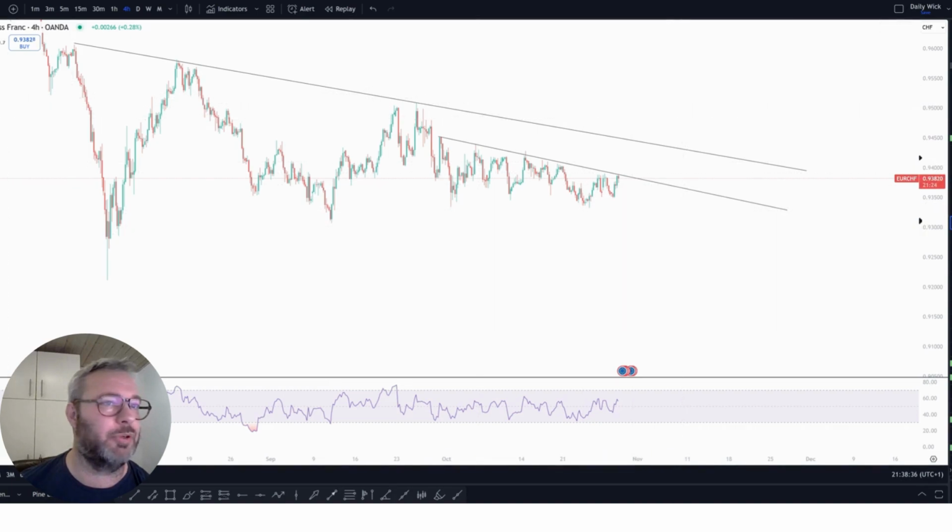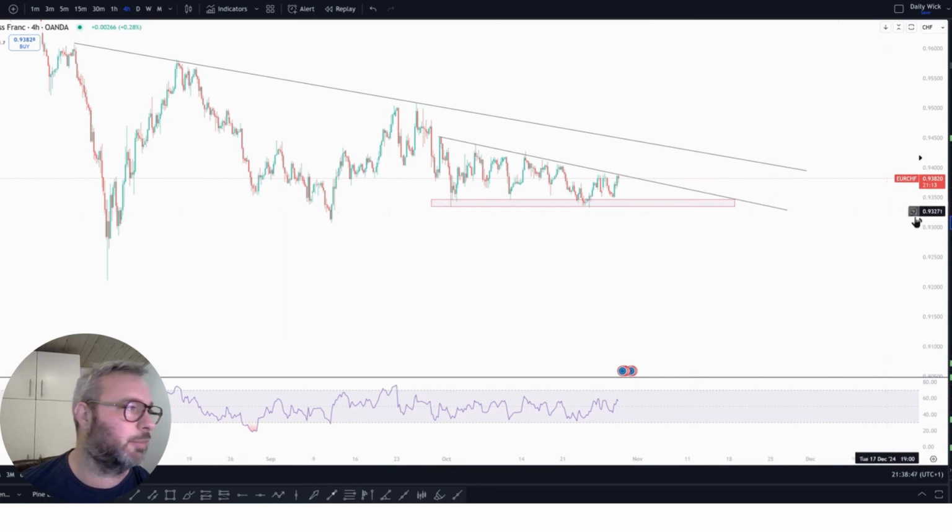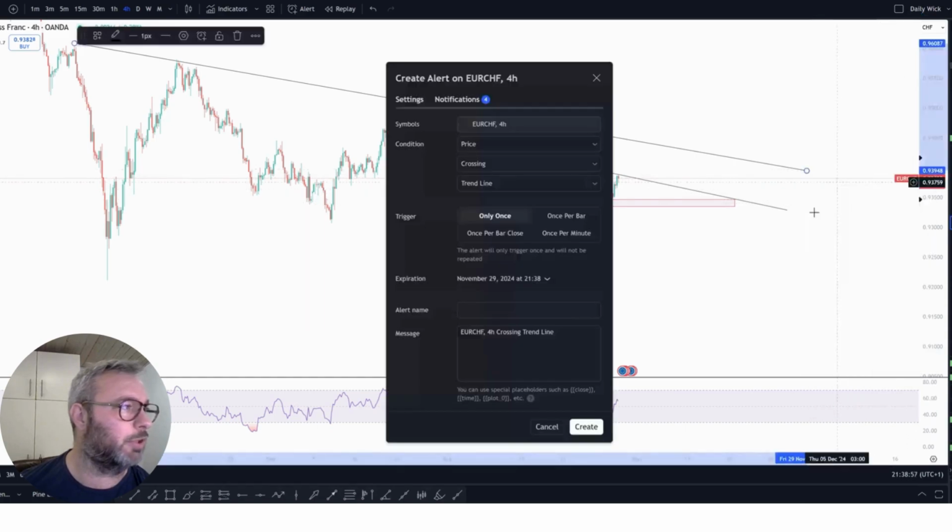We have a support level down here. This. I'll remove this alert here, and then put one here, one on this trend line.